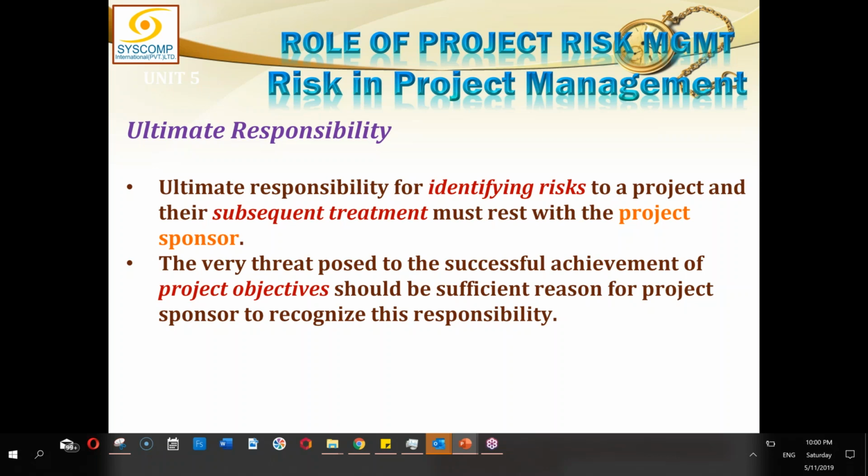Number one, the sponsorship of risk management and quality management must be taken right at the top. They must take on the ultimate responsibility. Number two, everybody must take the responsibility in their area of performance about the risk and quality.